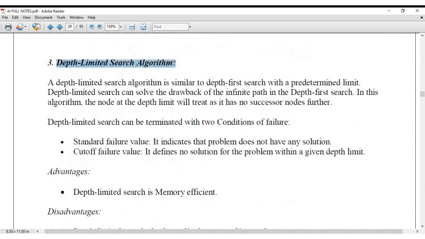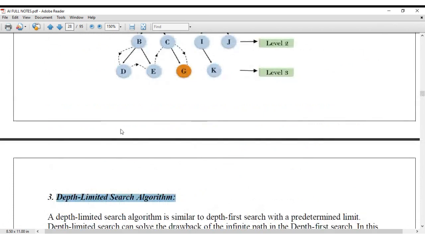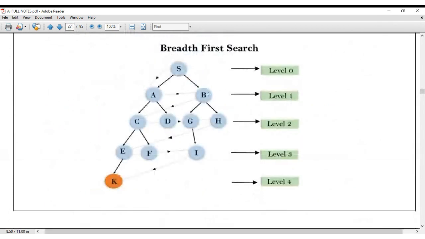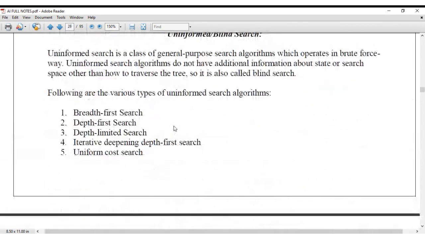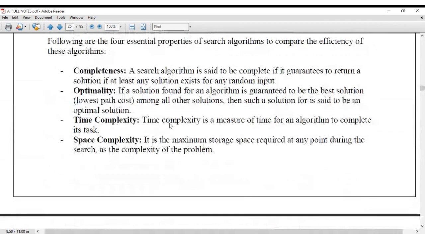Depth limited is where there is a control measure where it will use the depth first technique, but on going to a particular depth, if the solution is not found, and you see there is the issue of time complexity, so it is wasting a lot of time going down an infinite search space. Yeah, we talked about time complexity, right? So it is wasting a lot of time going down an infinite search space.